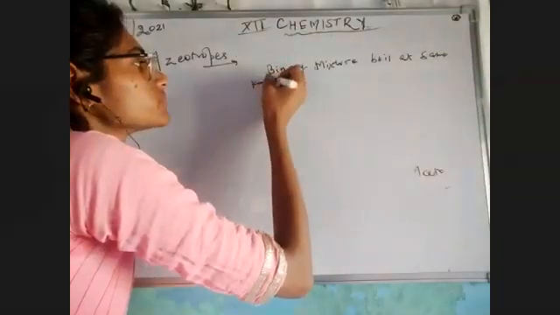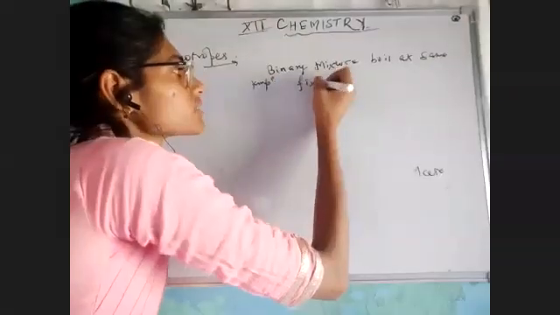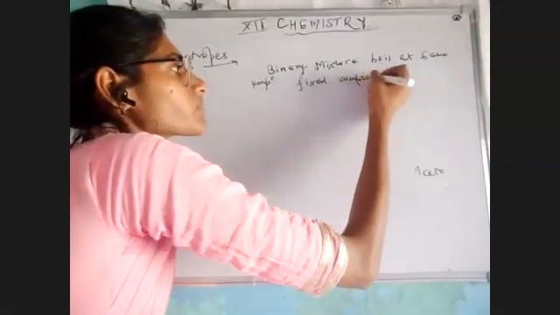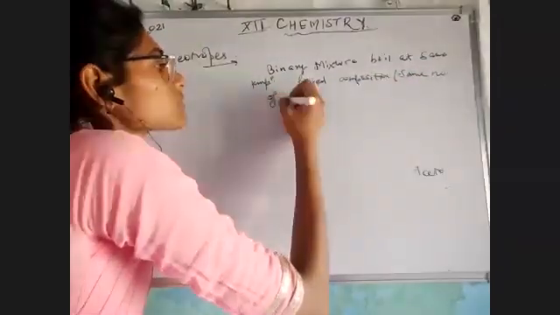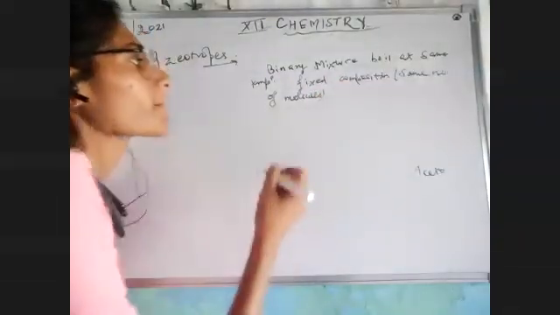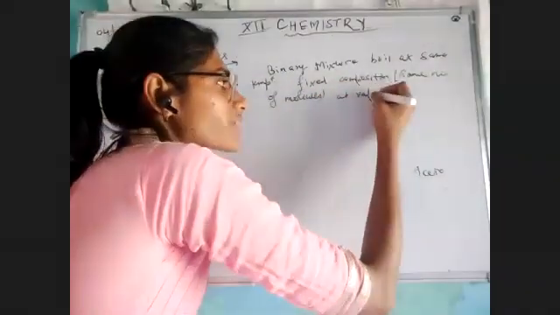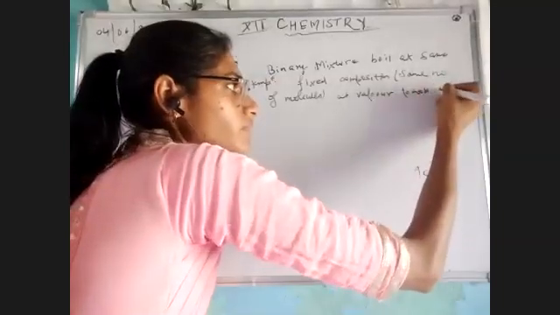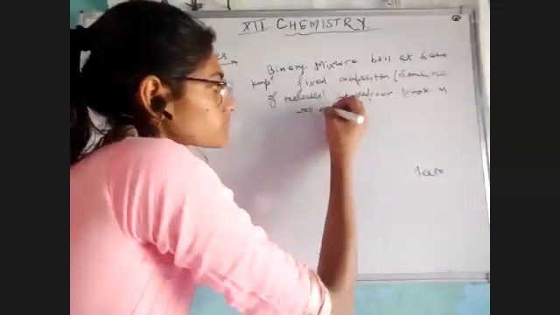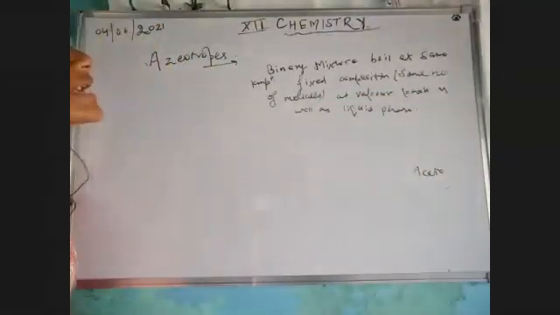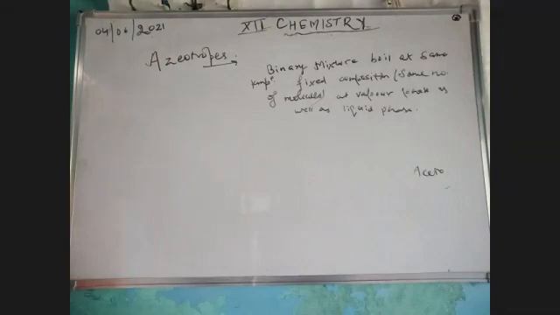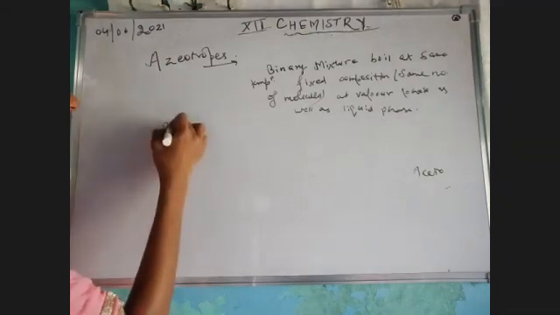Moreover, they have a fixed composition, or we can say the same number of molecules in the vapor phase as well as the liquid phase. These are known to be azeotropes. Now azeotropes are also of two types. The first one is the minimum boiling azeotrope and the second one is the maximum boiling azeotrope. The solution would show positive deviation.